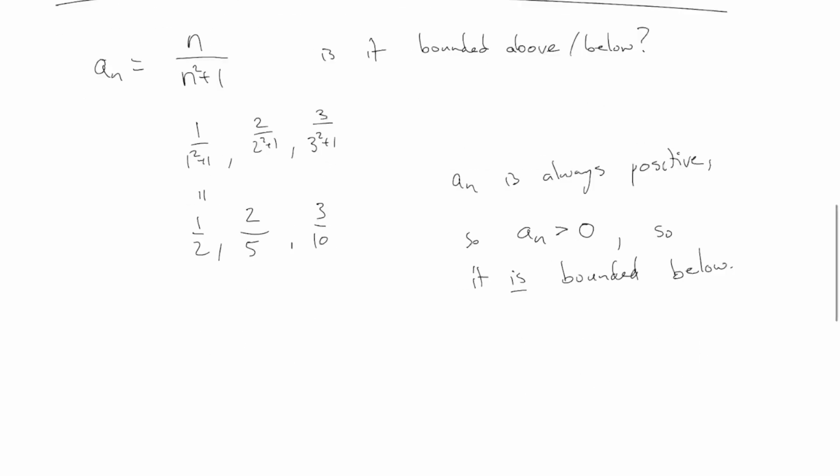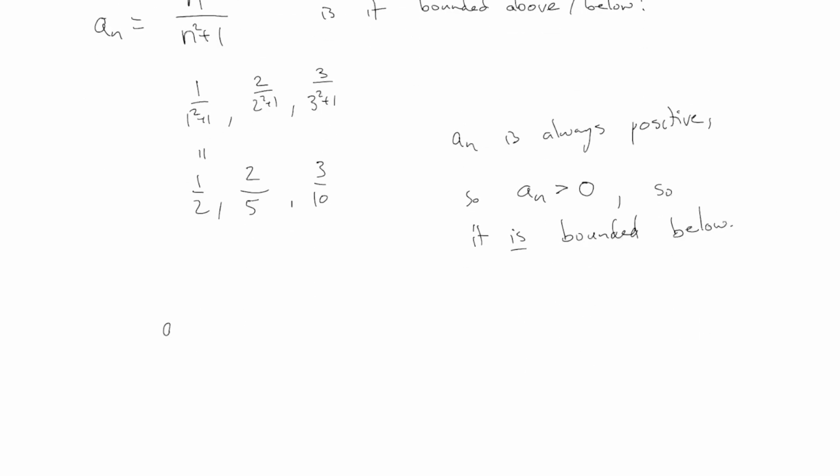So that's what I'm going to say for the other part. An is a fraction, and the denominator is bigger than the numerator. So that means an is always going to be less than 1. And therefore, it is bounded above, right?